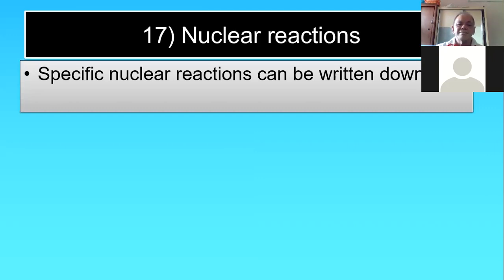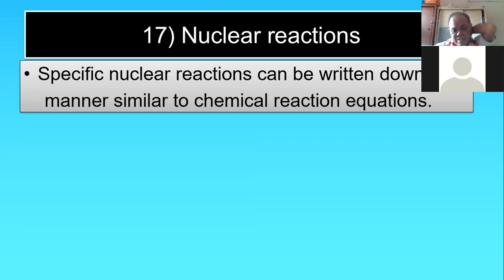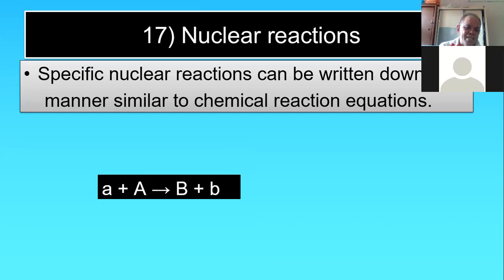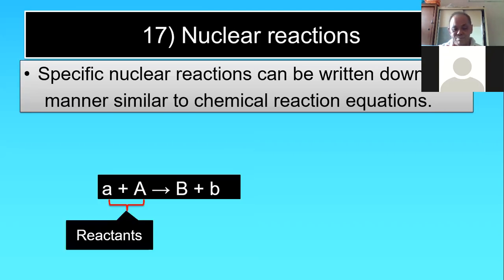A nuclear reaction can be written down like a chemical reaction. For a chemical reaction, we can write an equation. For a nuclear reaction, we also can write an equation, which you have learned in your AS. Let's look at a simple one: A plus a equals B plus b. This side we call reactants, just like in chemistry. What you start with, and what you produce at the end, is called the product.